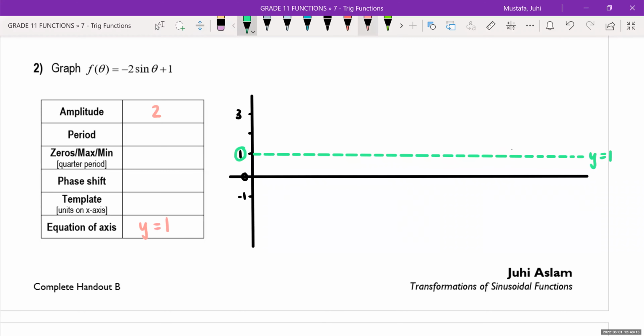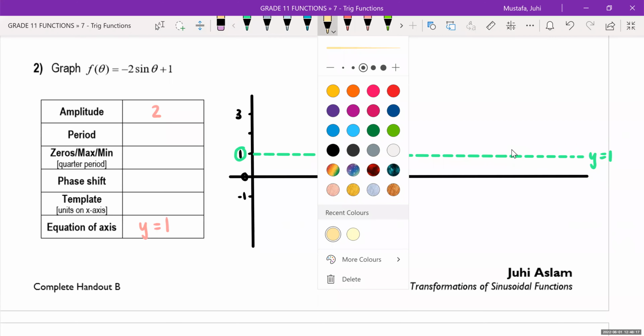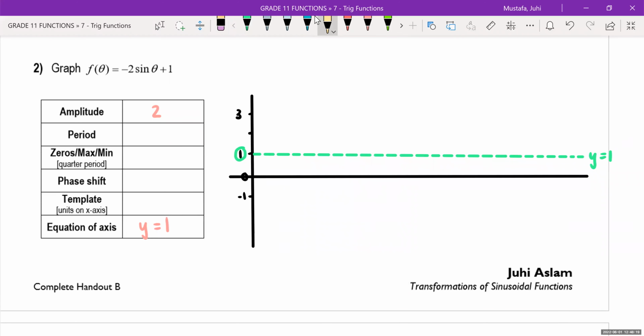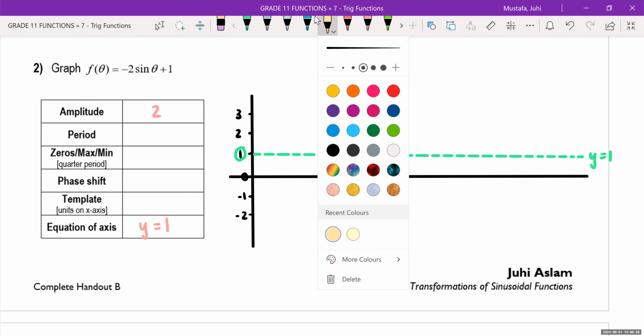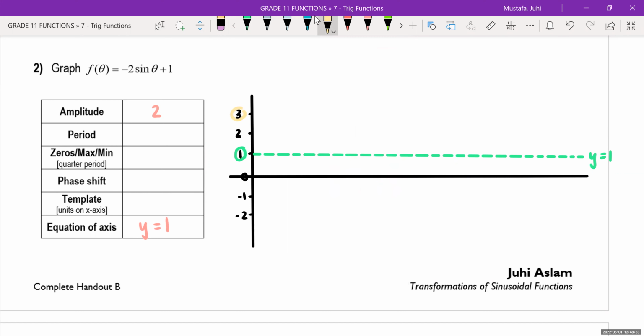And then I also just like to make a note of where my maximum and minimum is. By the way, if you're wondering why I'm not writing the other numbers, I'm just being lazy. I probably should do that. So I'm going to put in a 2 here, and then that's really it. If you wanted, you could go -2. Okay, so your maximum is from the equation of axis, you're going up 2 units, so it's going to be there.